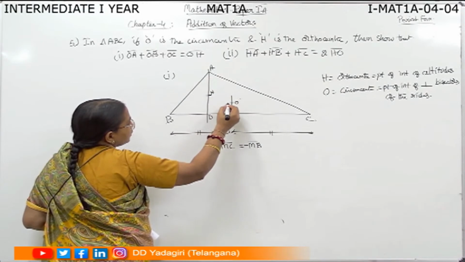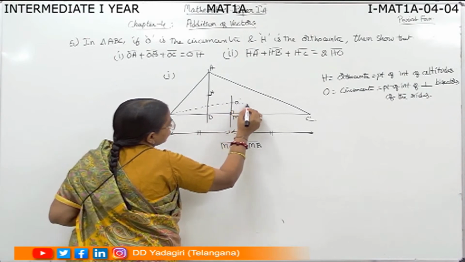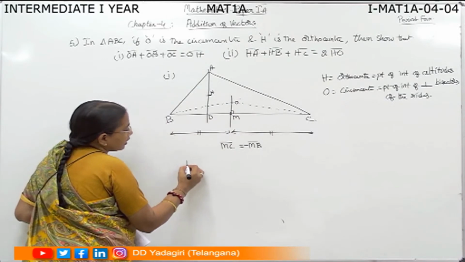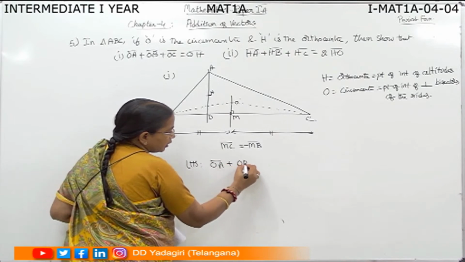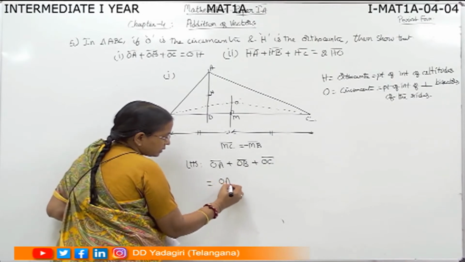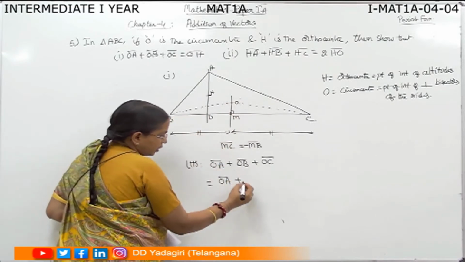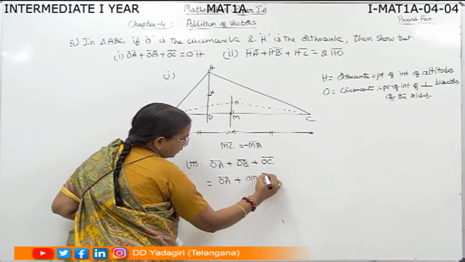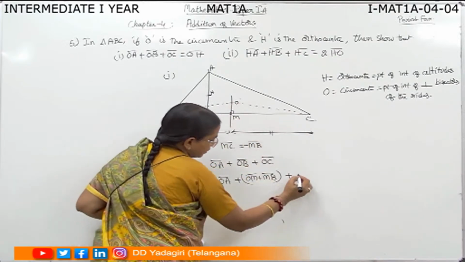Now OA plus OB plus OC. We'll write OB and OC in terms of OM and MB. Now we'll take the left hand side, which is OA plus OB plus OC. OB we write as OM plus MB according to the triangle law, and OC is OM plus MC.